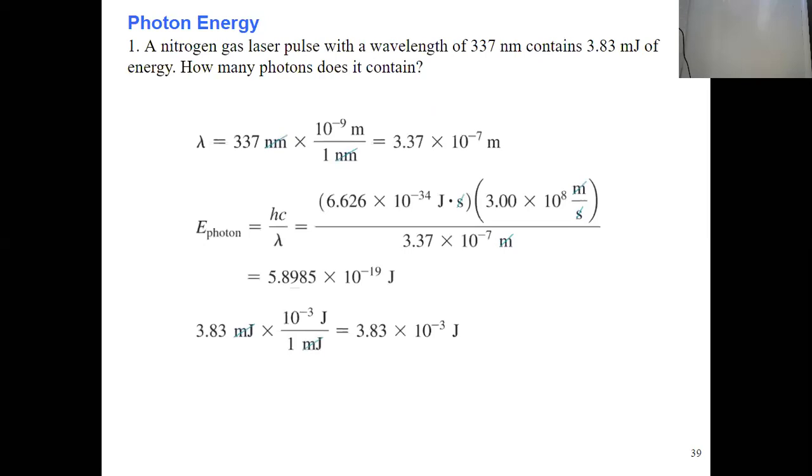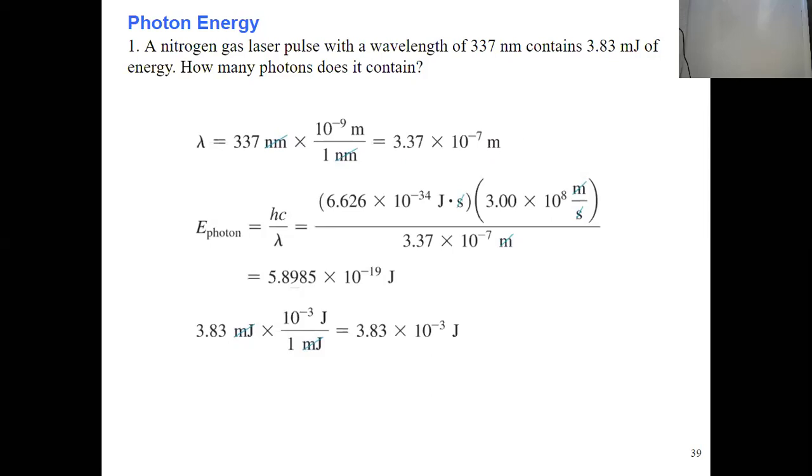I know that the wavelength is 337 nanometers, and whatever formula I end up using, I'm going to need this wavelength in meters, because all of my equations require that my wavelength unit is in meters.